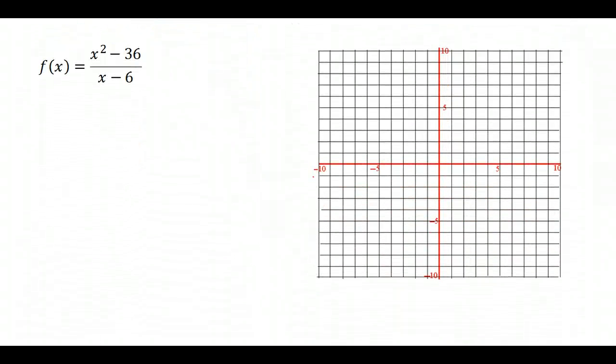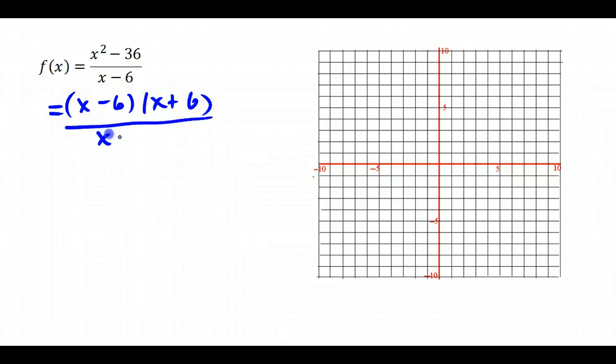Okay, now here it looks like we're going to have a vertical asymptote at x equals 6, doesn't it? But let's factor first. I have the difference of two squares on top, and notice that those factors cancel. And so what that means is I'm going to have a hole at x equals 6, not an asymptote.